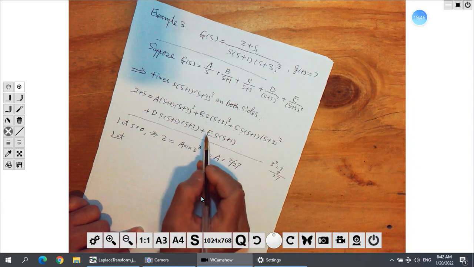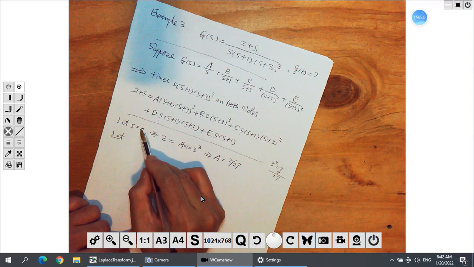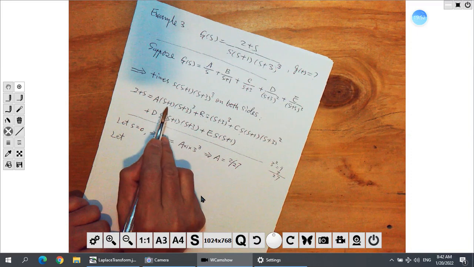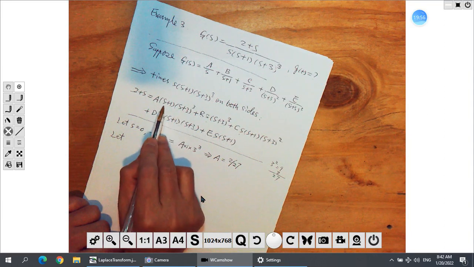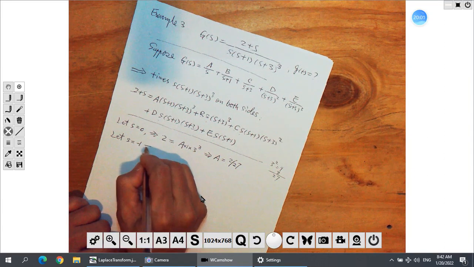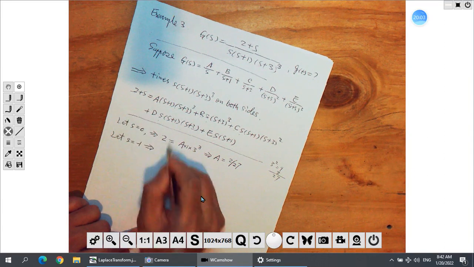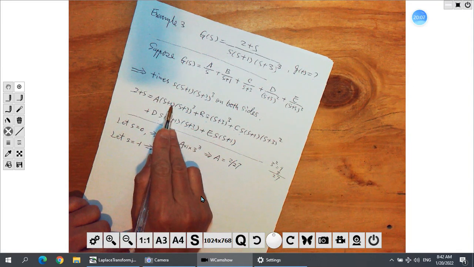Okay, A is done. Then we try to vanish the rest. S equal to 0 we used, and other possible choices are s equal to -1 and s equal to -3. So we try s equal to -1 first. We have 2 minus 1 is 1, equal to: the A term has s plus 1, which gives 0.